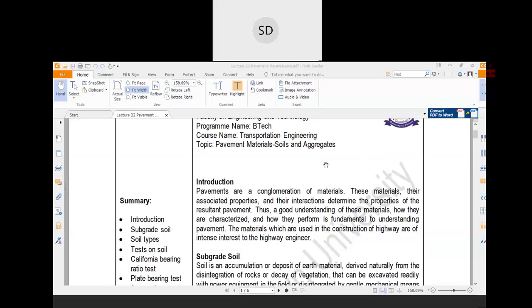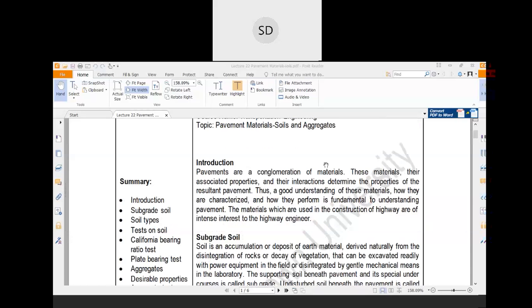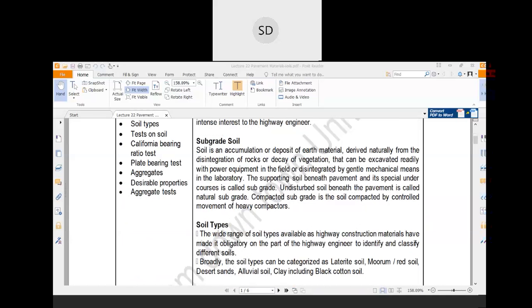Similarly, for the pavement, as this is made up of different materials, their combined properties or characteristics determine the properties of the entire road section. A good understanding of these materials, how they are characterized and how they perform, is fundamental to understanding pavement. Now, the first one is subgrade soil.